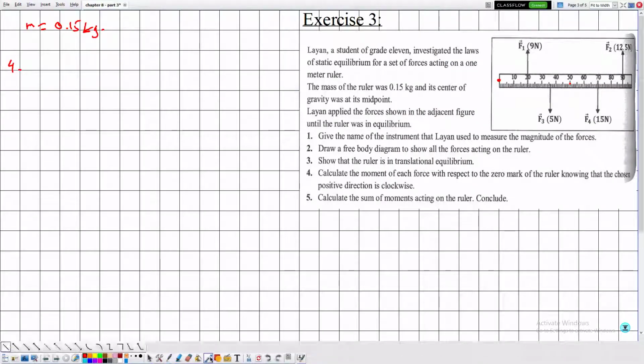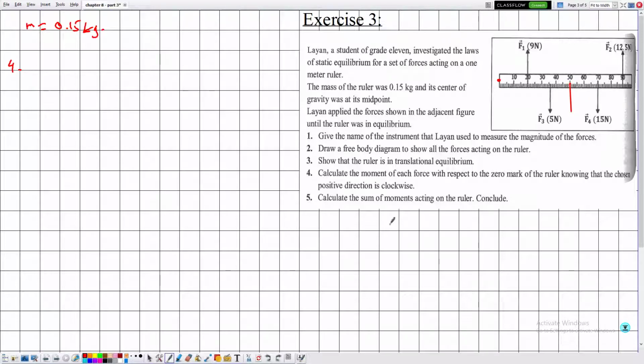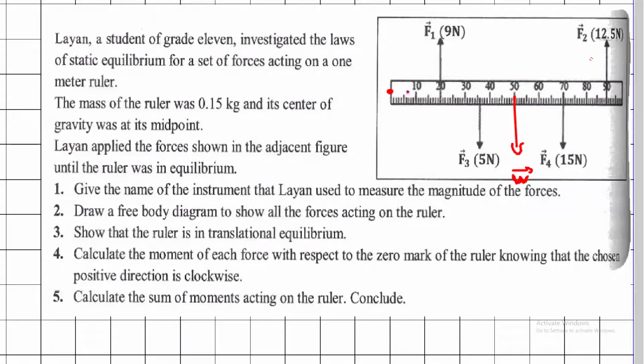And now let me represent here the weight, which is vertically downward like this. This is the weight W, and now we need to calculate the moment of each force. I repeat, there is no force acting here because we didn't consider any axis of rotation. We are just saying with respect to the 0 mark.